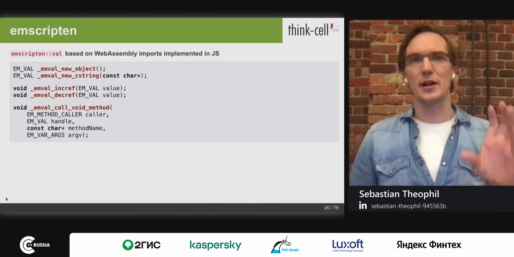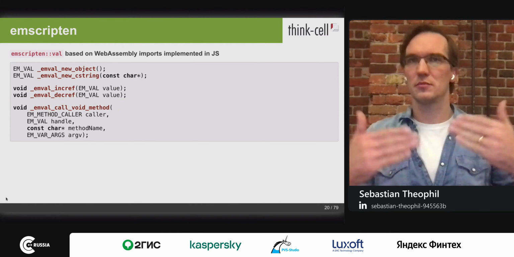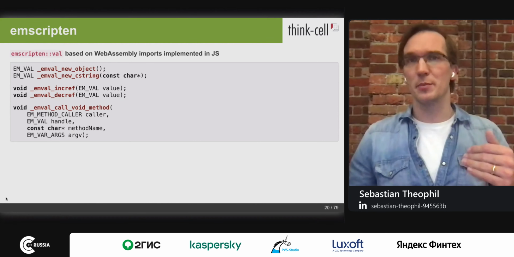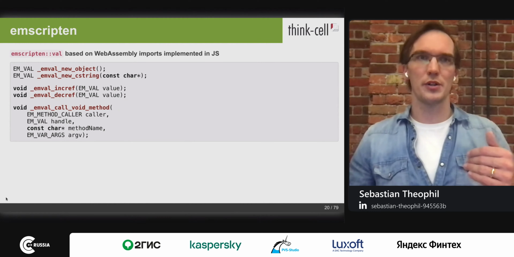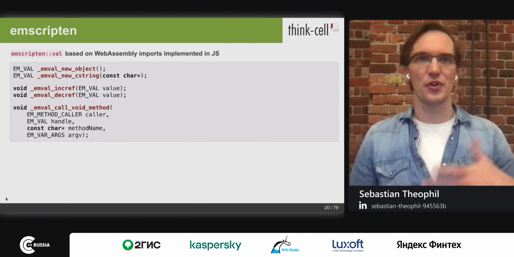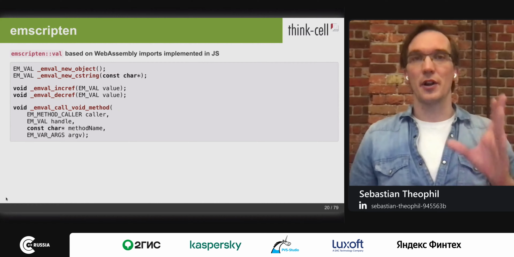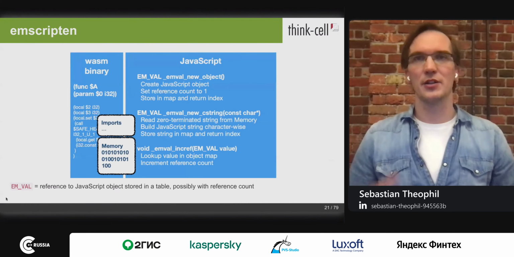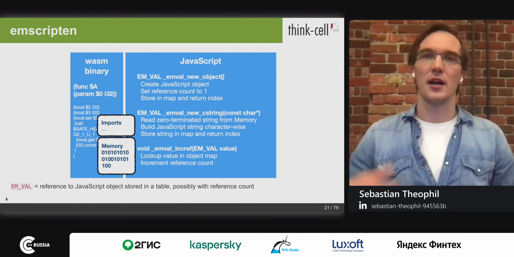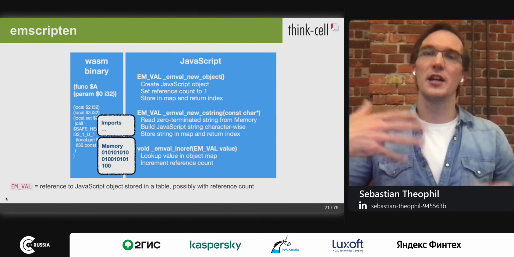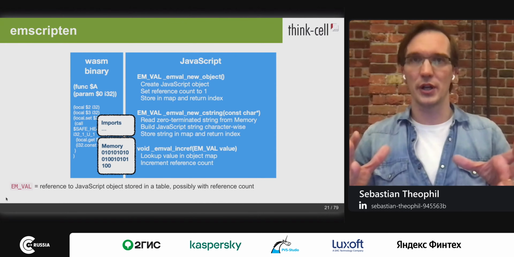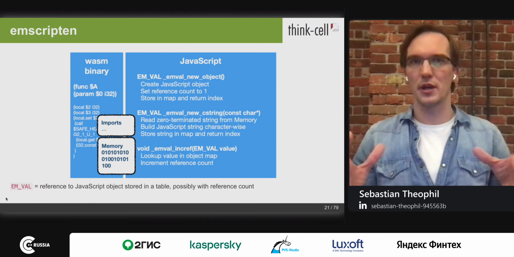Again, those Emscripten functions that we can call from C++, from WebAssembly, are functions that are implemented by Emscripten in the JavaScript world. So we have some private runtime functions, _emval_new_object, _emval_new_cstring, etc. These are implemented in JavaScript and do something like the following. So we have _emval_new_object implemented in JavaScript, and that simply creates a new JavaScript object, an empty object, without any properties, without any methods.